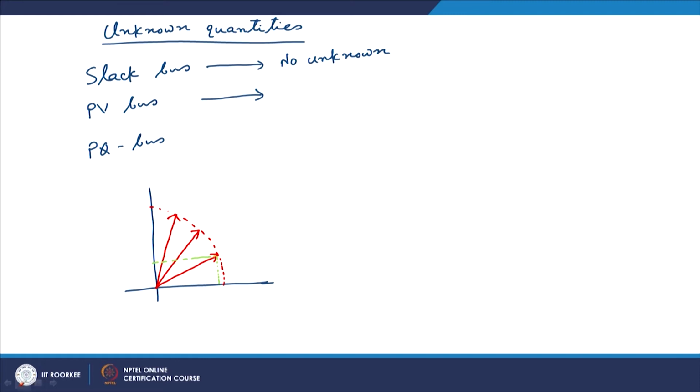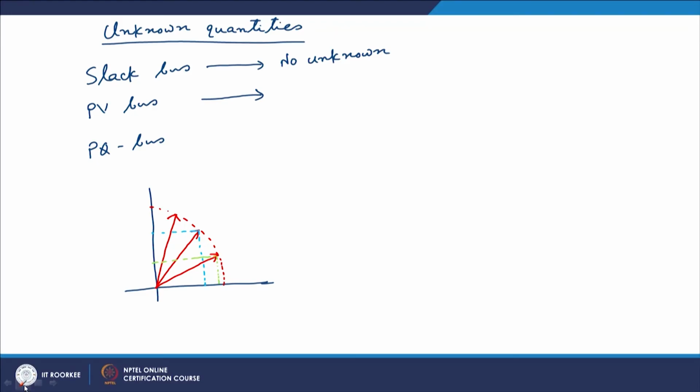For this vector our real part is this and my imaginary part is this, and for this vector my real part is this and my imaginary part is this. So, even though my bus voltage magnitude is maintained at 1.0 per unit, depending on its angle both the real part as well as the imaginary part will vary.